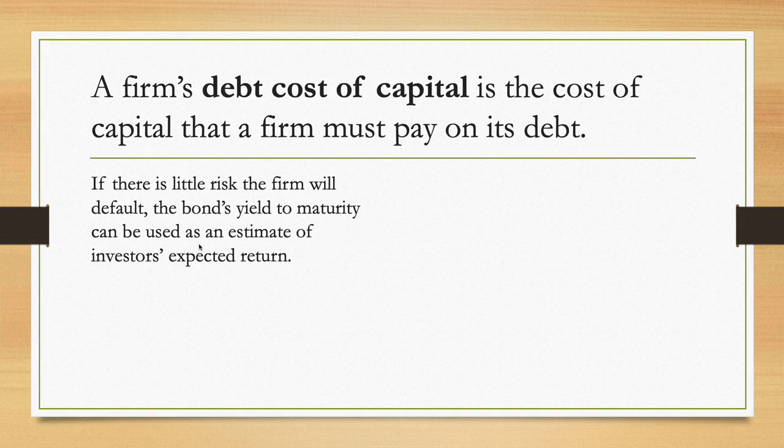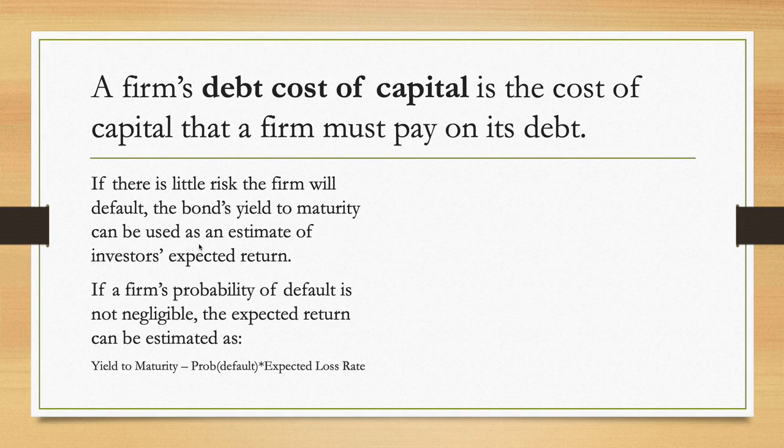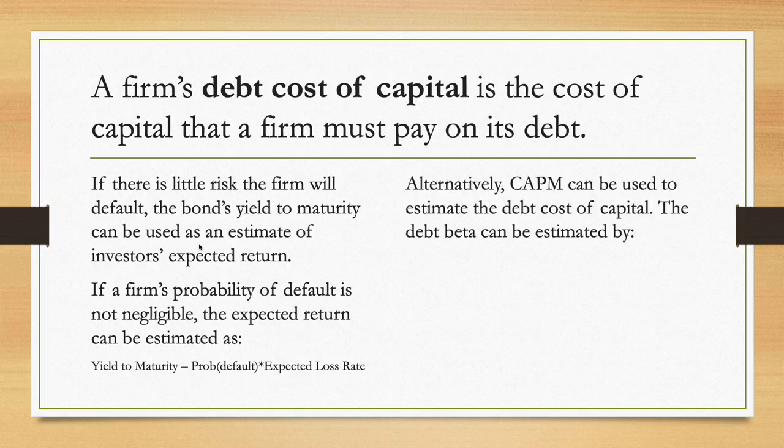However, if a firm's probability of default is not negligible, then the expected return can be estimated as yield to maturity minus probability of default multiplied by expected loss rate. Alternatively, we can also use the capital asset pricing model to estimate the debt cost of capital.